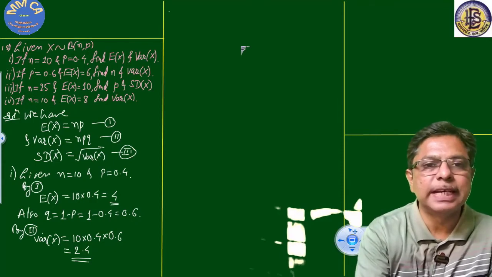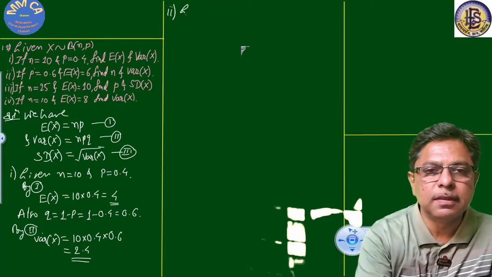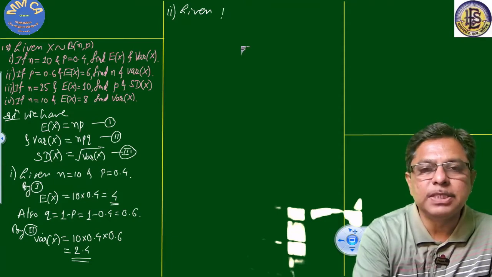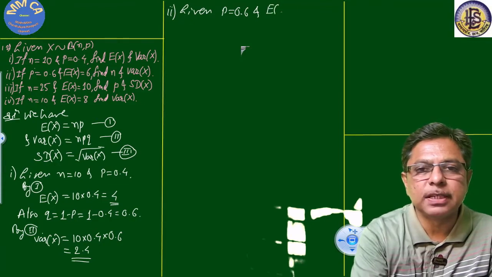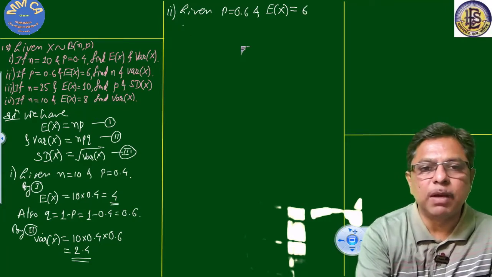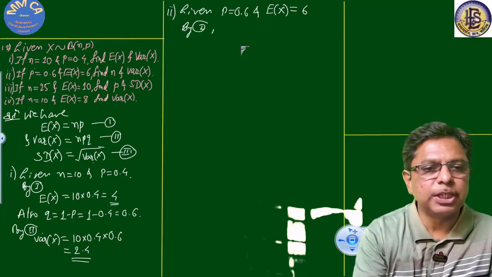Now we'll go for the second. Given, you simply have to put the given values in those formulae. p is 0.6 and expectation of x, in some cases it may be called the mean, is 6, and we have to find n. First, expectation of x is given.